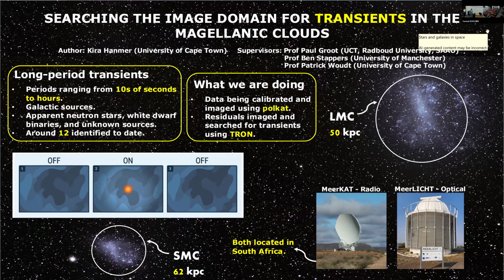Then more specifically, how we're finding these transients is we are imaging the radio data and getting short timescale snapshots and looking for sources that seem to turn on and off from snapshot to snapshot. So if that sounds interesting to you, or you want to know more about the telescopes we're using, or exactly how we're doing that, or anything we found so far, then please come and chat to me.